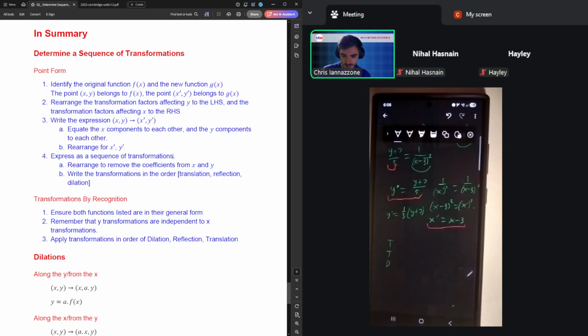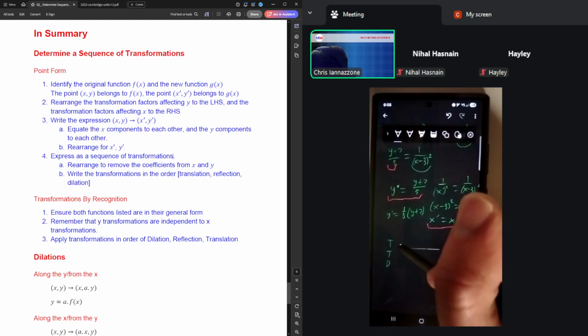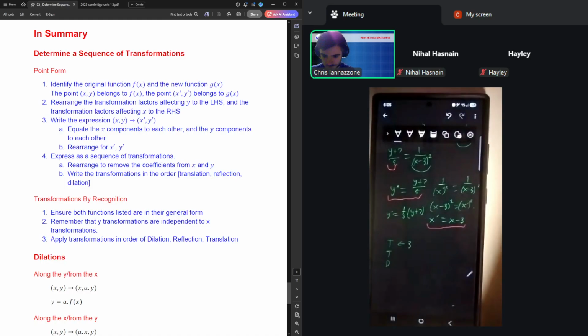Horizontal left by 3, yes, exactly right. X take 3, so the point is being shifted left by 3. So translate left 3. That's good. That's one of the translates.